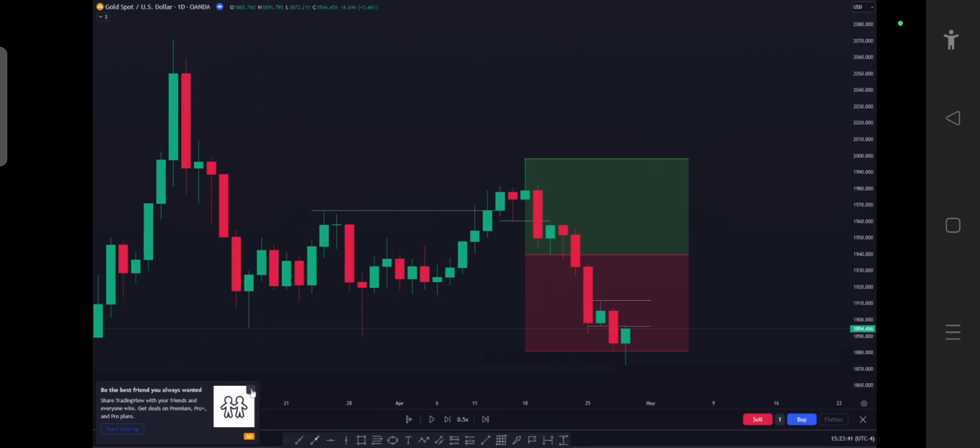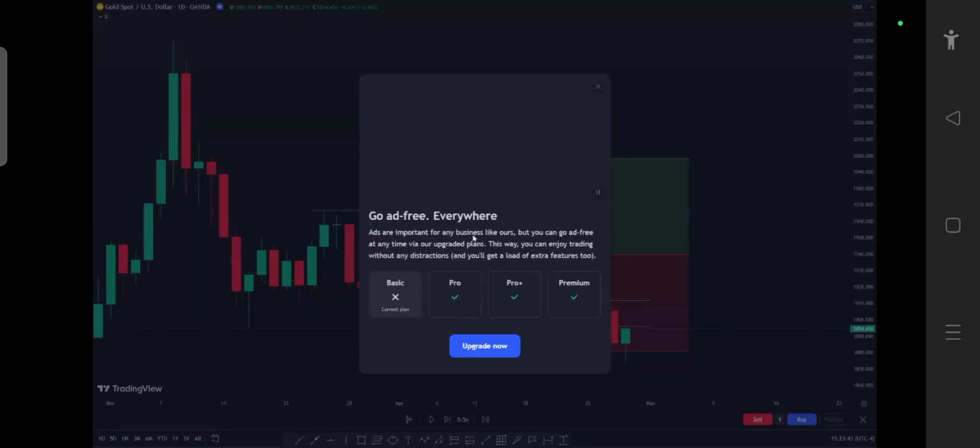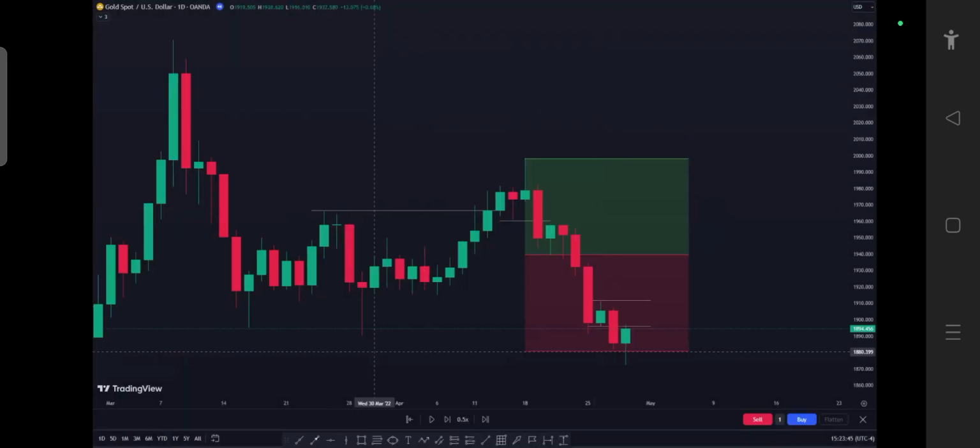That shows indecisiveness, because we have already taken out the low and price is not displacing right here. But still, we will be looking for the bearish bias right now.